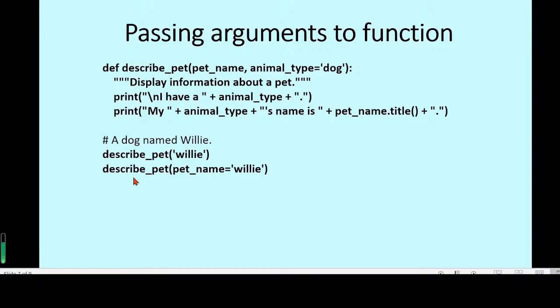So when we call this function, we can also write pet name Willie. In both cases, calling without animal type in the input, the function will assume that the animal type is dog.